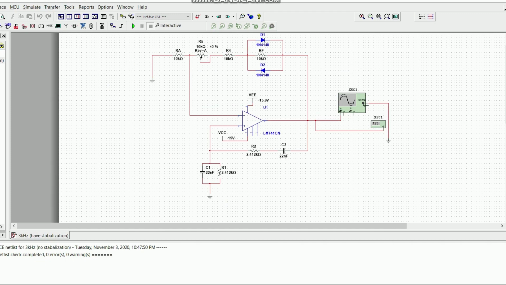So this is another circuit. The difference between this circuit and the one just now is that we have added the amplitude stabilization effect. As we can see, we have added two diodes and a potentiometer. Let's check the waveform.